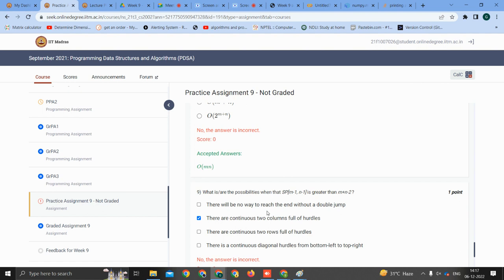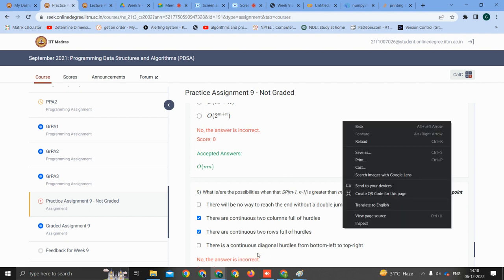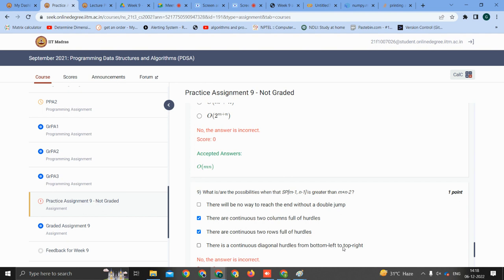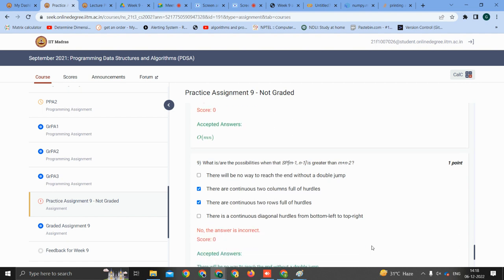So which means all the points will be infinity. I don't know how to fill that point. So if there are two continuous rows of hurdles also, it's fine, right? Two columns or two rows, you won't be able to reach the end. Continuous diagonal hurdles from bottom left to top right don't matter, because we are not going by diagonal, right?